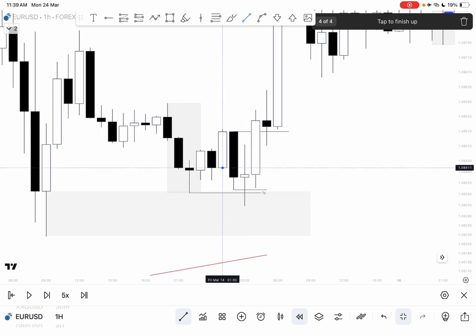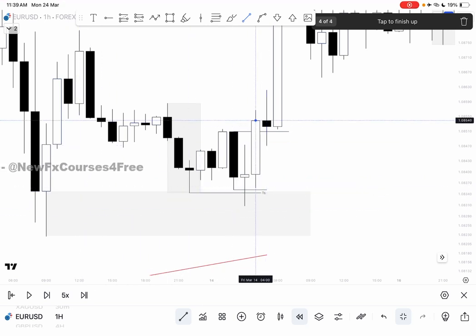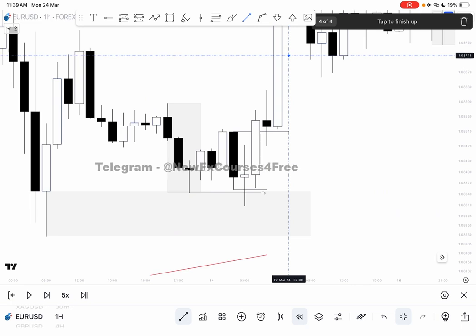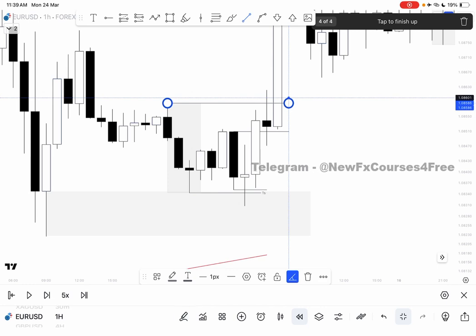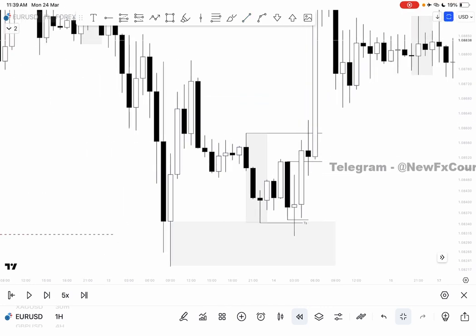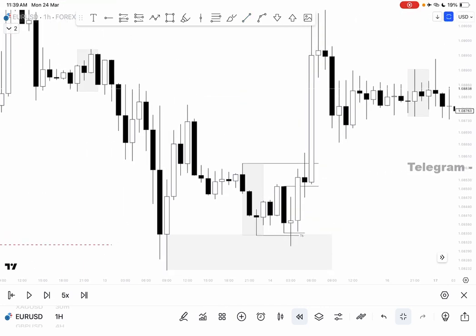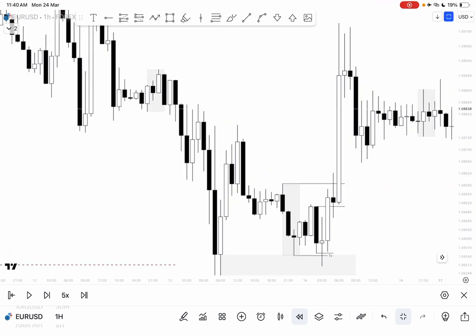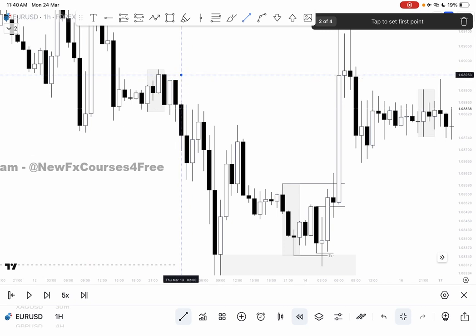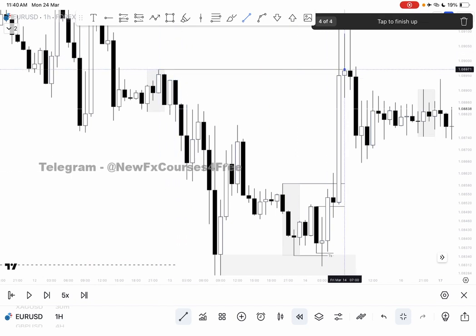CRT low swept into your rejection block, CRT high used as a key level to push price higher towards your Asian session high. And if you want to actually hold higher, you can hold higher to your previous Asian session high, which is this.